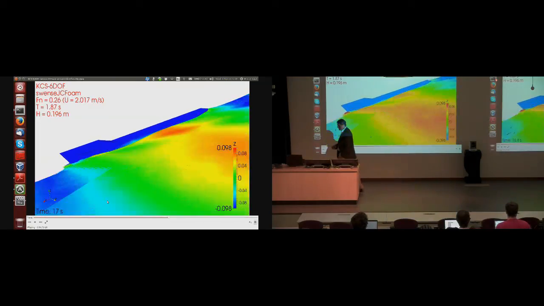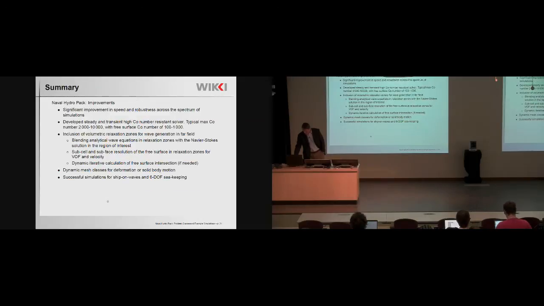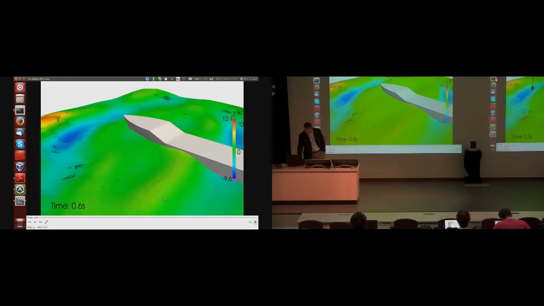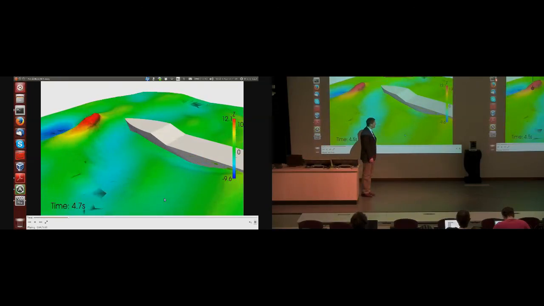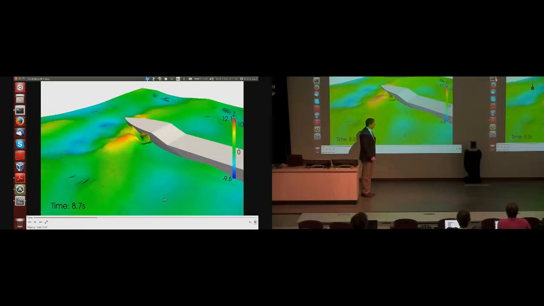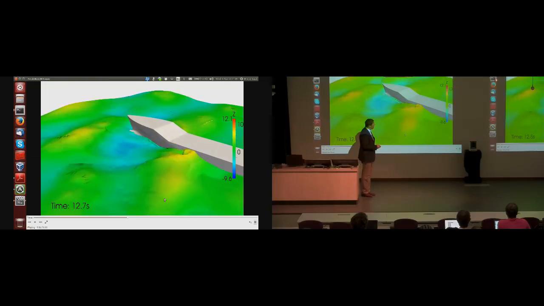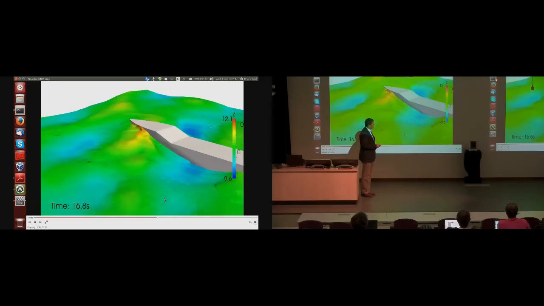And eventually that gets fancier and fancier until we get to the point of, for example, an extreme wave hitting the top of the ship. And now you will see the ship trying to roll and heave in response to this wave.